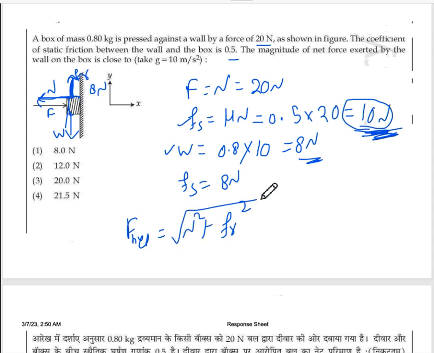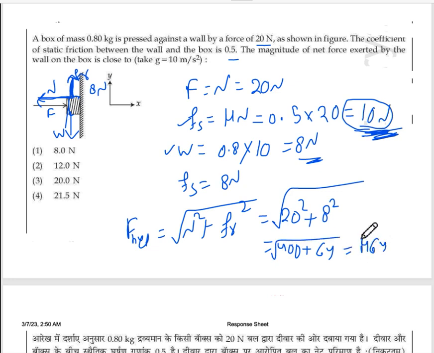Normal force is 20 square plus the maximum 8 square, which is 400 plus 64, so root over 464. Its answer is nearly equal to, since root over 441 is 21, about 21.5 newton, which is option D. So question number 14 is option D.